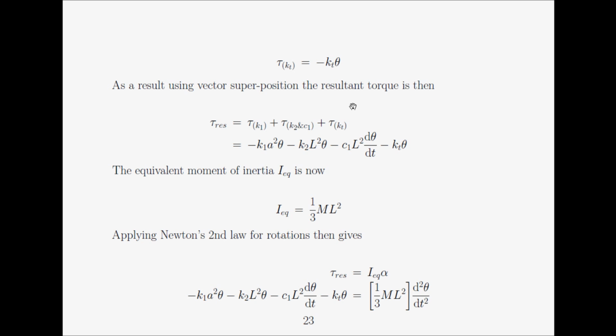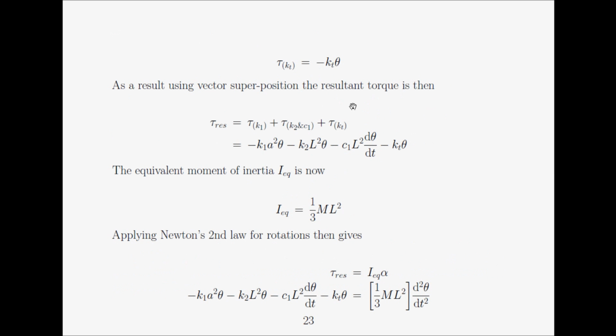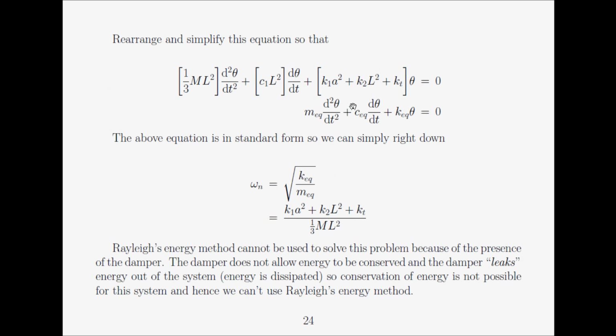Substitute the various formulae in there. We then have an equation. We take Newton's second law: torque resultant is I equivalent alpha. Put the various terms into the equation. We rearrange the equation as a homogeneous differential equation. When I say homogeneous equation, I essentially mean all of the stuff is equal to zero.